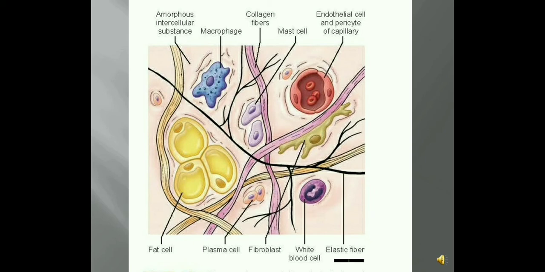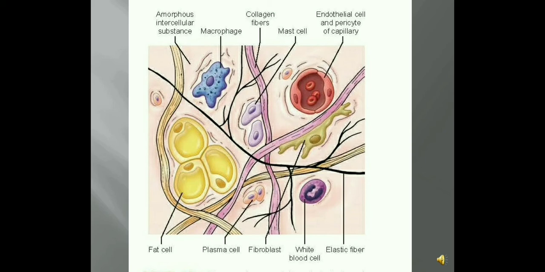Whereas yellow fibers are made up of elastin, so we can call them elastic fibers, and they are elastic in nature. You'll find they are single, they are branched, and they are straight, opposite to that of white fibers.